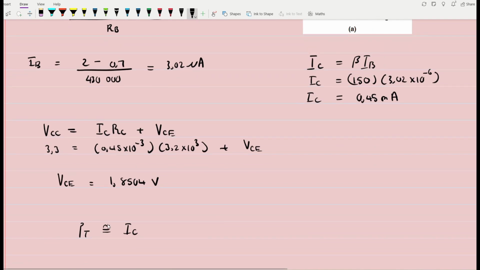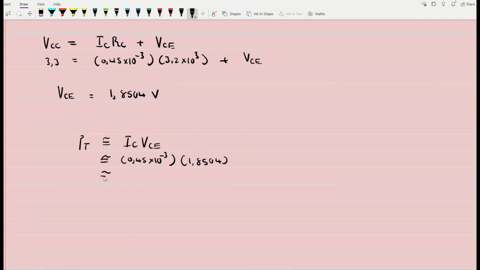IC is 0.45 multiplied by 10 to the power of -3, and VCE is equal to 1.8504. This will give us something like 832.7 microwatts.